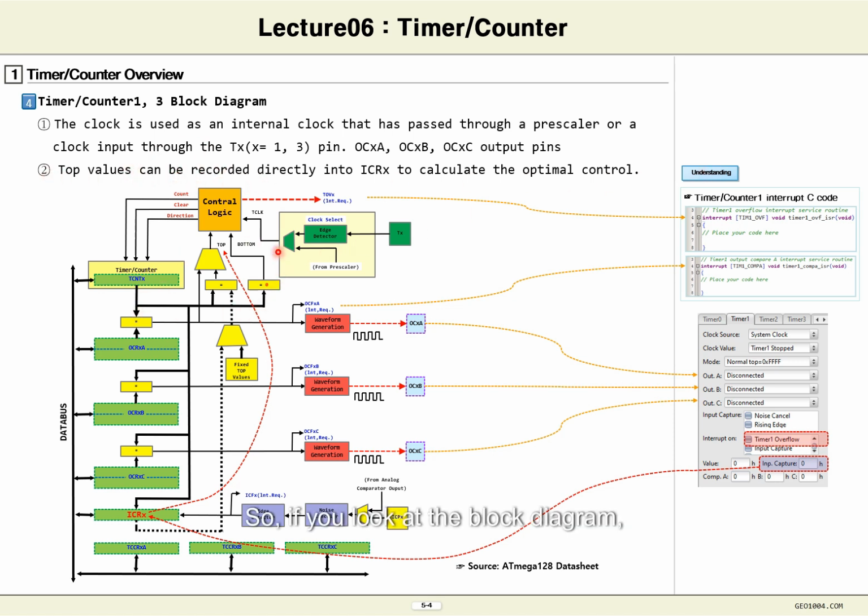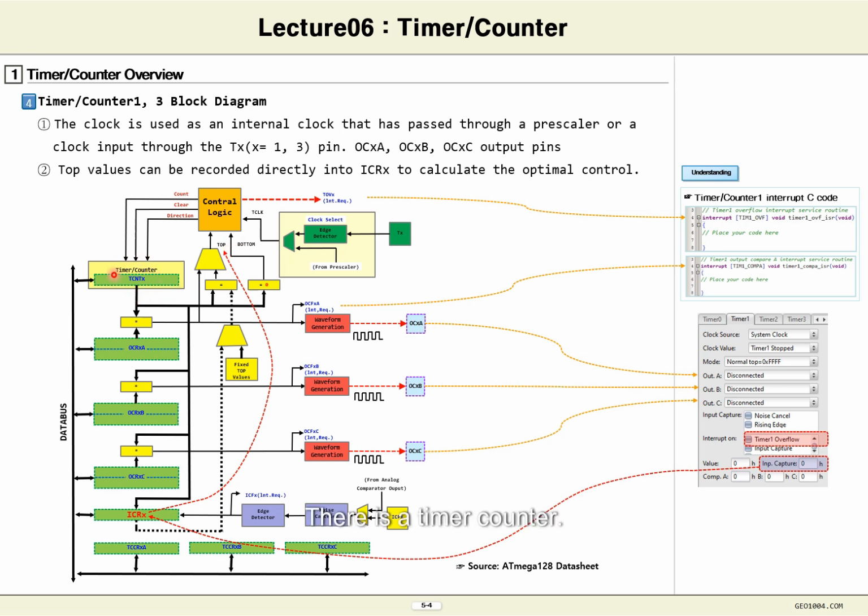So if you look at the block diagram, the control logic is as you can see. You can use a 16 MHz clock, and you can use it in control logic by accepting the external clock coming into the TX through an edge detector, and then applying a prescaler.